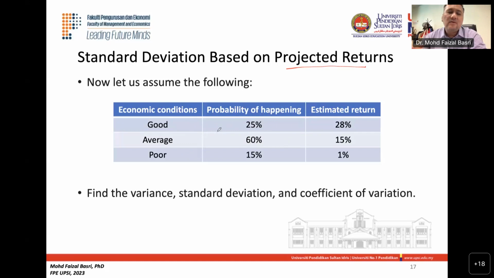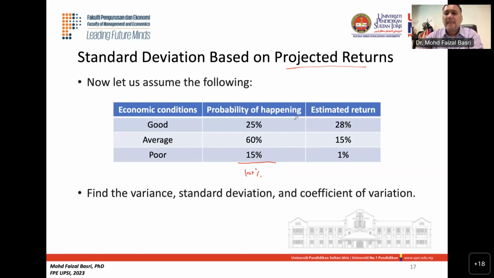So meaning our economy next year, for example, the assumption will be on average, not in good condition or not bad. It will be average. So 60% chance it will happen that way. And then another 25% will be in good condition, and 15% we will see recession, for example, next year. So when you add all 3 conditions, the probability should give you 100% chance. The total probability must be equivalent to 100%.